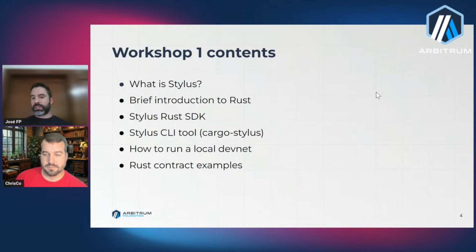This brief introduction will just cover the basics in case there is someone who doesn't know a lot of Rust, so they'll be able to understand what we're going to see. Then we'll talk about the CLI tool for Stylus, which is called Cargo Stylus, and then we'll show you how to run a local DevNet and some Rust contract examples.